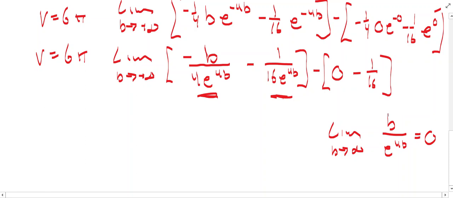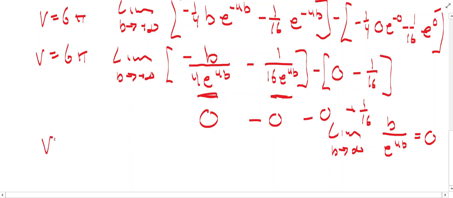So it's like the numerator is standing still as the denominator is getting infinitely large. And remember, anytime the denominator gets large and the numerator is not, it's going to approach 0. So as we evaluate the limit, this term becomes 0. This term, same thing, is 0, minus 0, and then we have plus the 1/16.